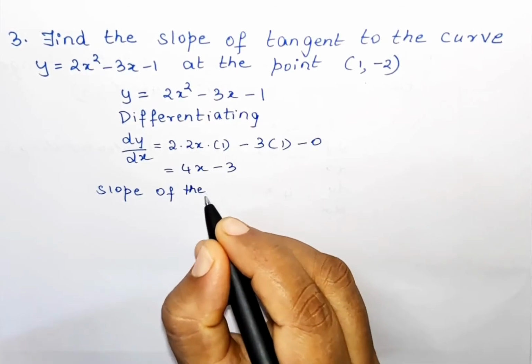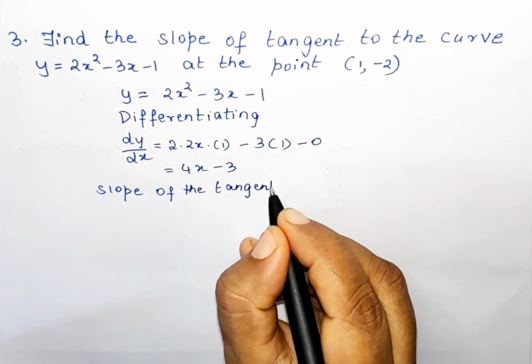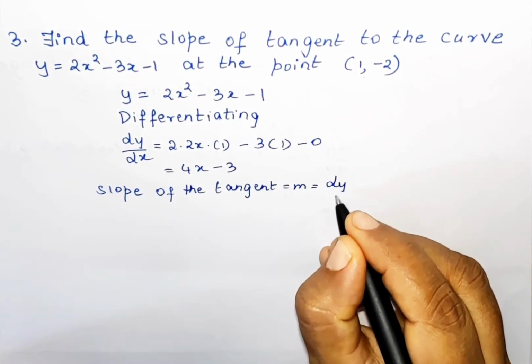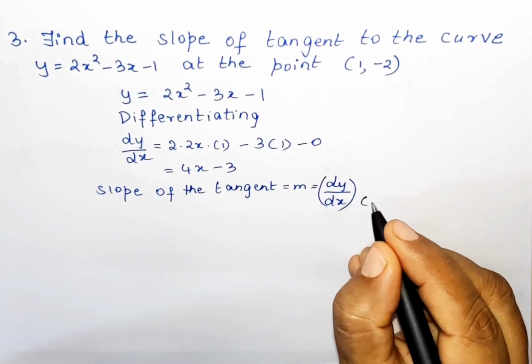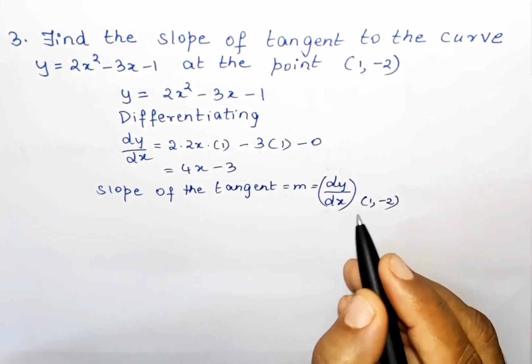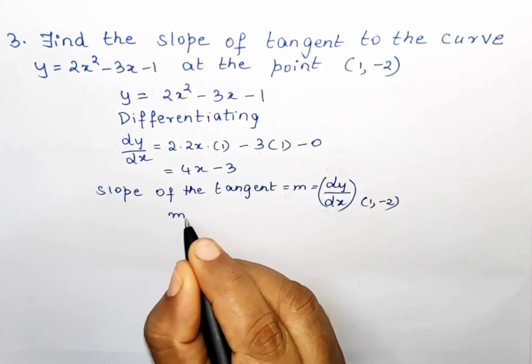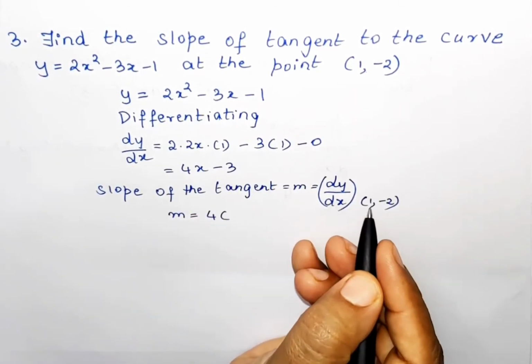We have to find the slope of the tangent. That is, we have to find m, the value of m, for substituting in our equation. So the slope of the tangent m is equal to dy by dx at 1 comma minus 2. The value of x is 1 and the value of y is minus 2. Now m becomes 4 into 1.